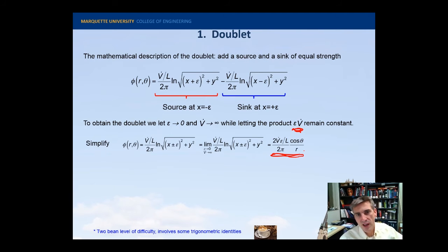You can find it online or in textbooks if you would like, but I think it's a nice exercise to let you do this limit. I would say it's a 2-bean level of difficulty. Get yourself a cup of coffee and have at it. It's basically just some trig. You've got to crack this natural log open and have at that.